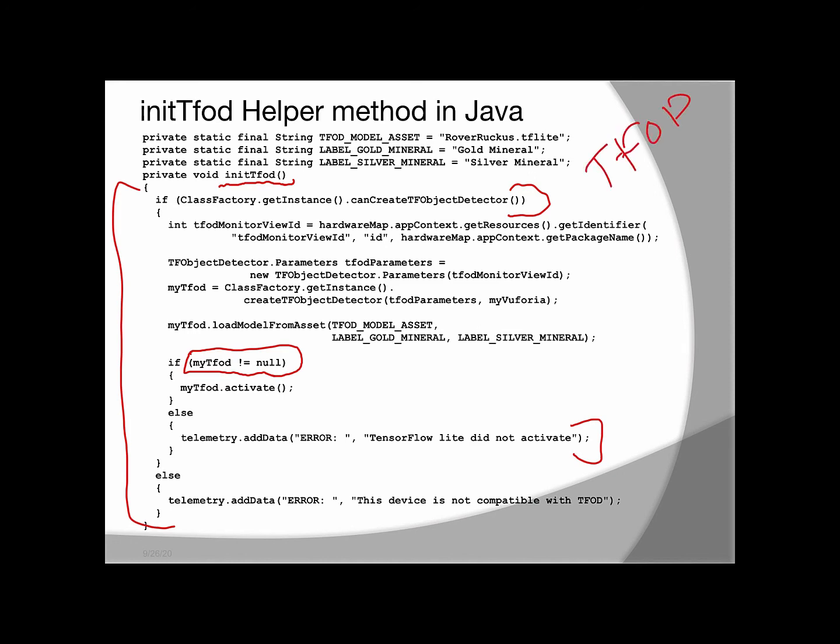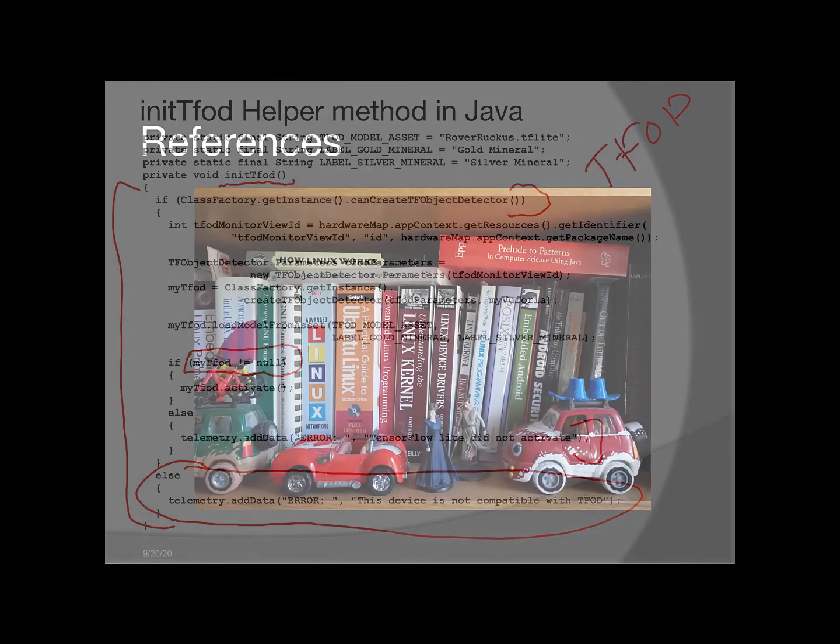And if it is not capable of doing that, it's going to error out right over here. These checks are important because you want your robot to be in a known stable state before you push start, because you don't want it to fail immediately.